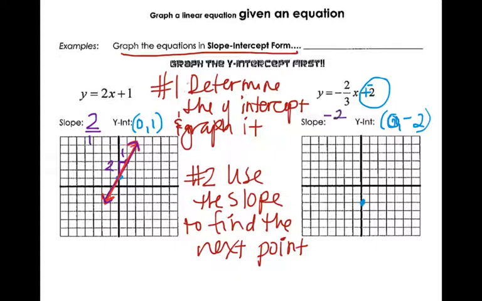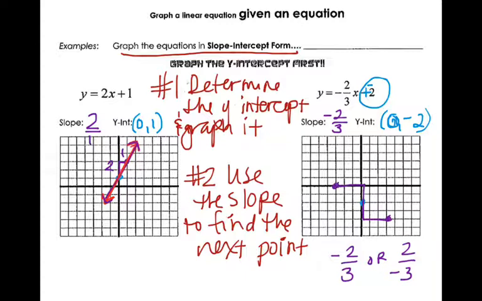So now our slope is -2/3. Okay, so I'm going to rise -2 or go down 2 and run 3. Remember, that's my rise over my run. Alternately, I could have looked at it as 2 over -3. So if I wanted to, I could have risen 2 and gone backwards 3.